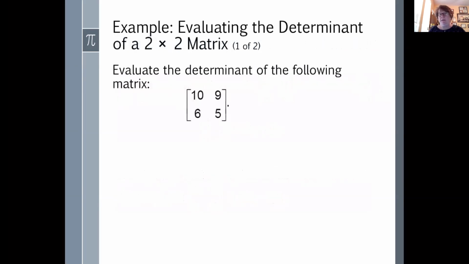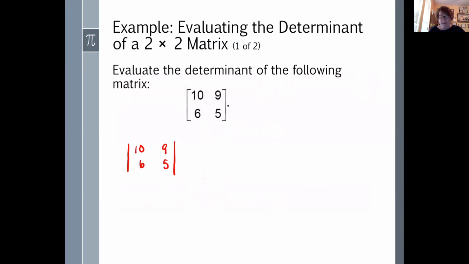So let's find the determinant of a couple of 2 by 2 matrices. The first matrix we have is 10, 9, 6, 5. So the determinant, which we denote by using straight bars, is 10, 6, 9, 5.